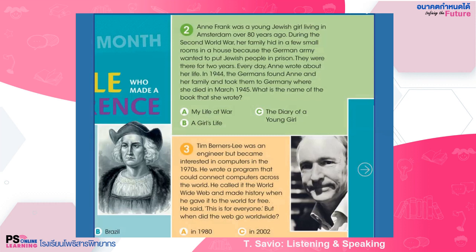In 1944, the Germans found Anne and her family and took them to Germany, where she died in March 1945. What is the name of the book that she wrote? A. My Life at War. B. A Girl's Life. C. The Diary of a Young Girl.